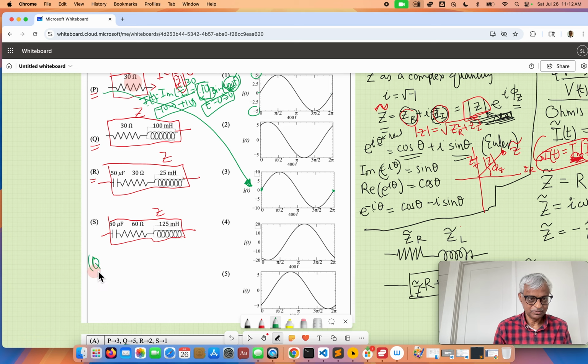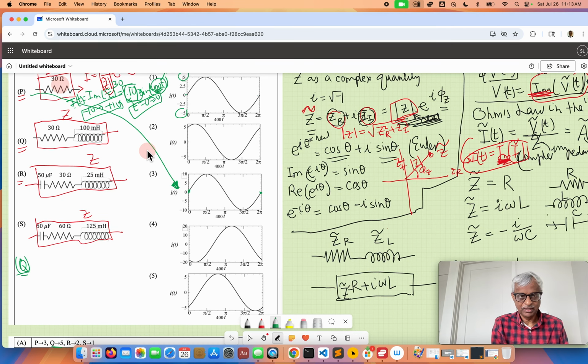So Q, just to distinguish, so this is the L, and over here it says it's going to be i omega L. So Z tilde R equals 30, and Z tilde L will be i omega L. Okay.